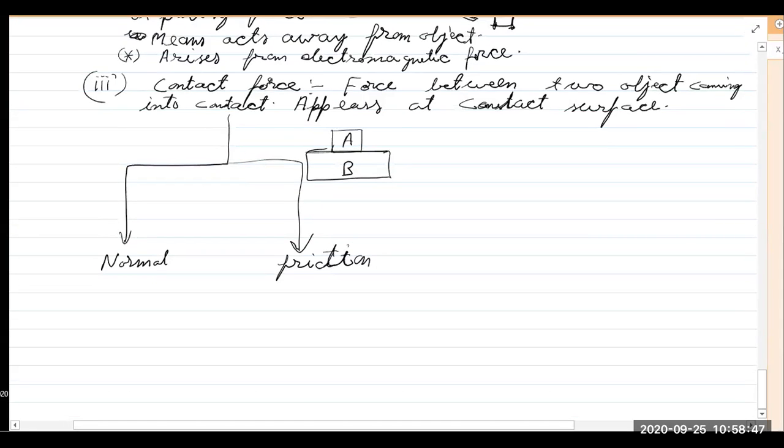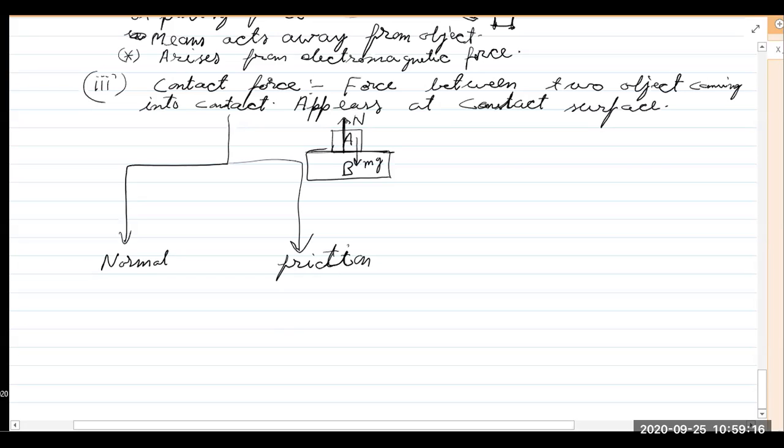So how does normal act? Normal is the component of contact force perpendicular to the surface. If you consider object A kept on B, object A has its weight, but it is not falling because of its weight. So who is balancing this force? There is a contact force between A and B at this surface.